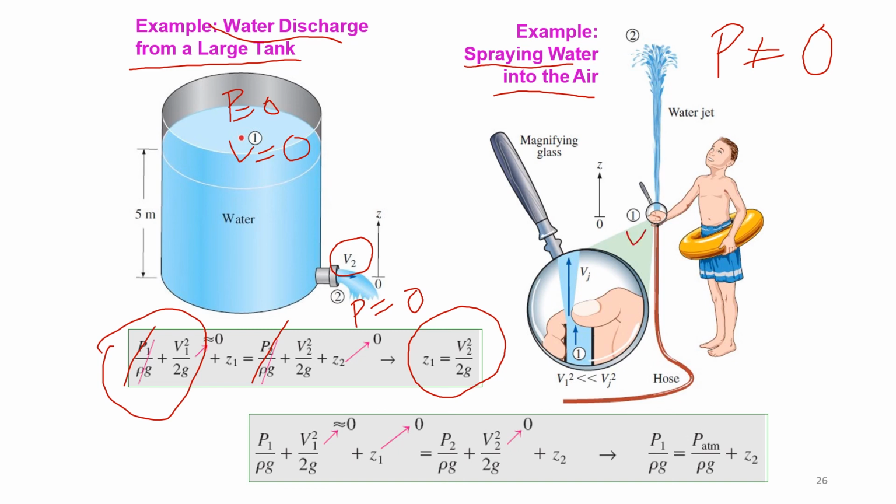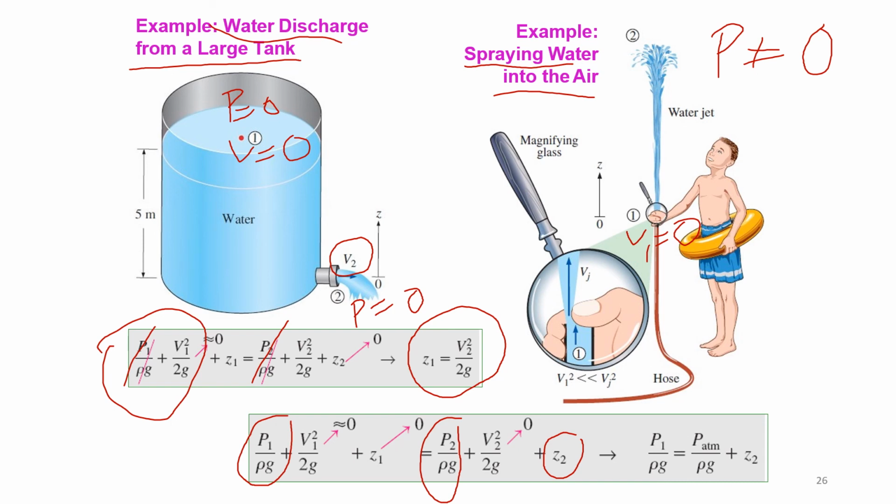So we consider V1 is 0, and then Z1 is also 0. So we have pressure at point 1, pressure at point 2, and also the Z2.